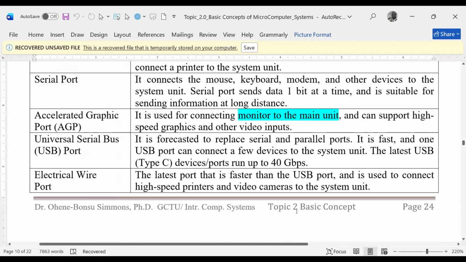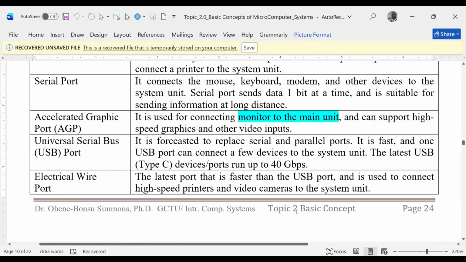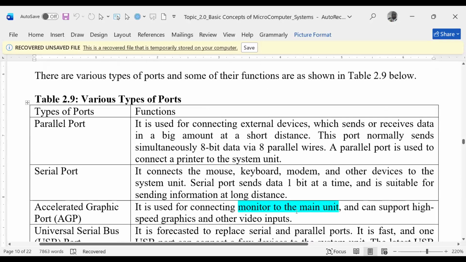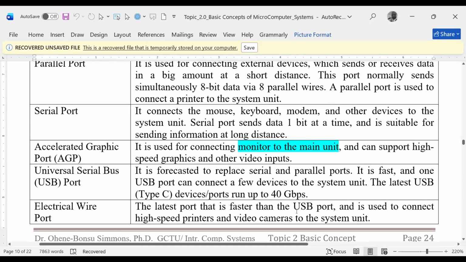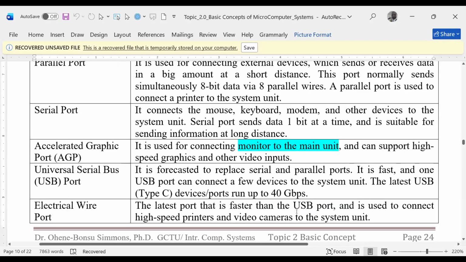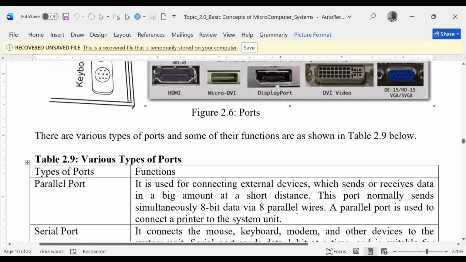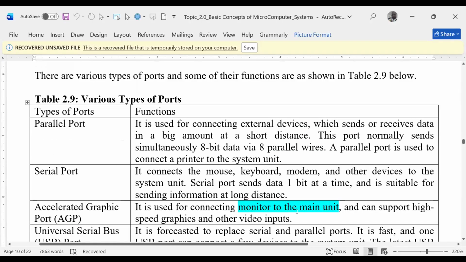The ports are grouped accordingly. Various ports: we have parallel, serial, AGP, USB, Thunderbolt, and HDMI. The parallel port here is used to connect external devices, and this port consists of 8 pins, normally for short distance. So the parallel port looks like this.